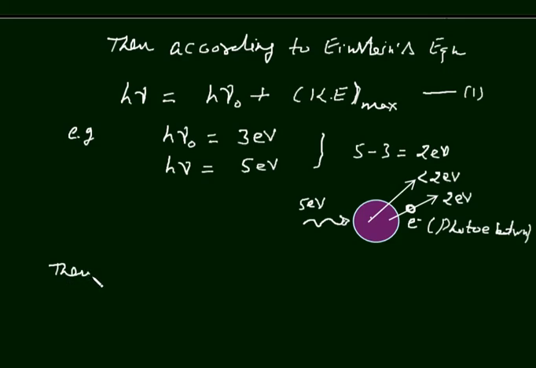Then this maximum kinetic energy carried by the photoelectron is equal to h nu minus h nu naught. It is difference of incident energy and required energy, and this is equation number 2.